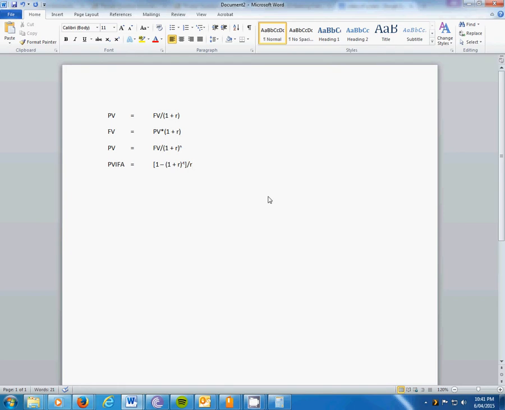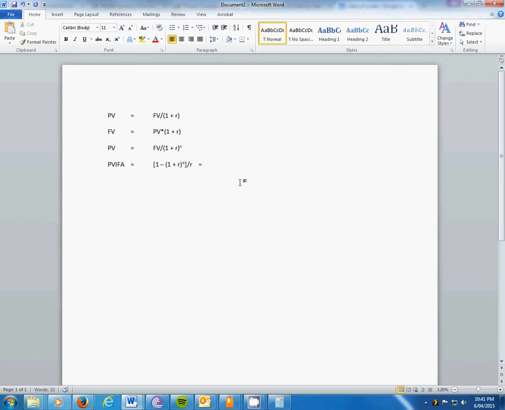Okay, so we've got the present value interest factor of an annuity, and 1 plus r to the power of minus t. What does it mean when we've got a negative power? It's the same as 1 divided by that number with a positive power, right?